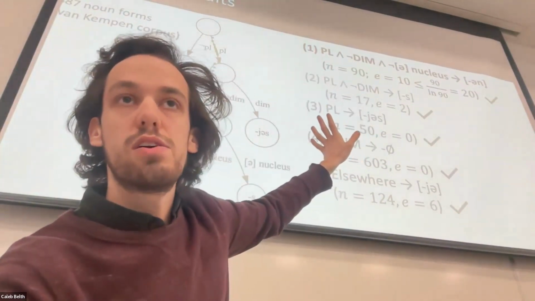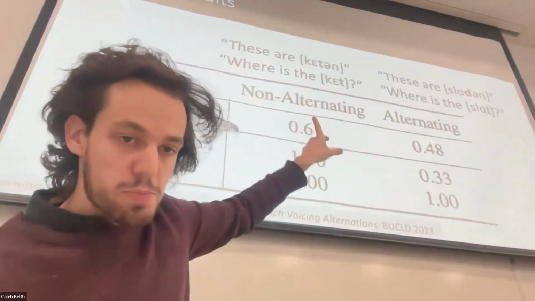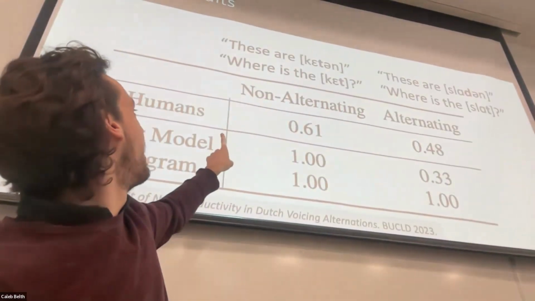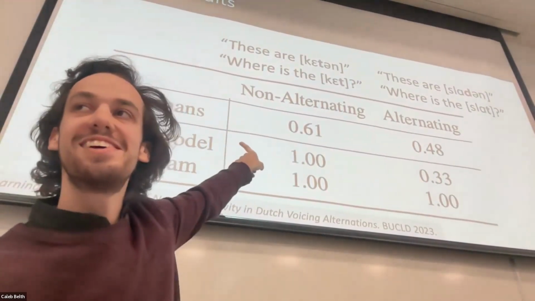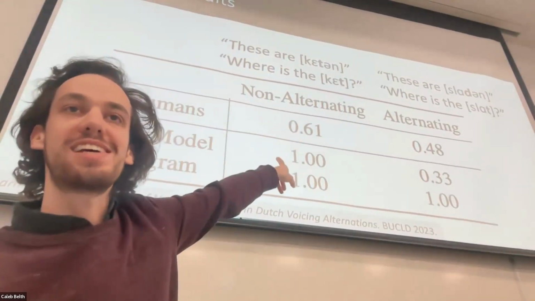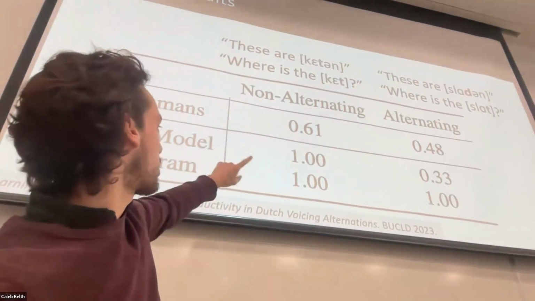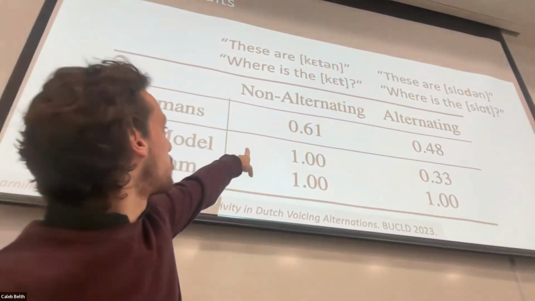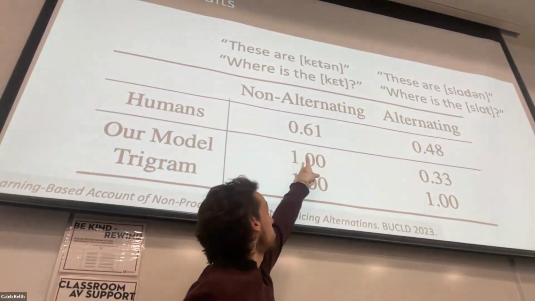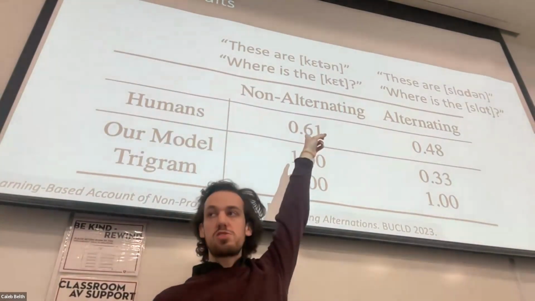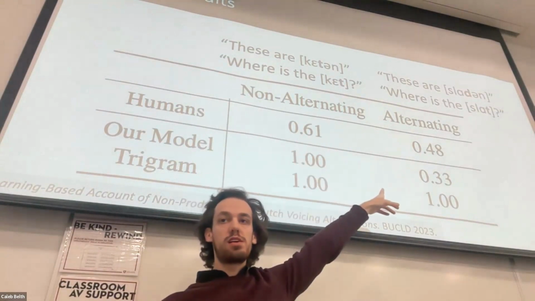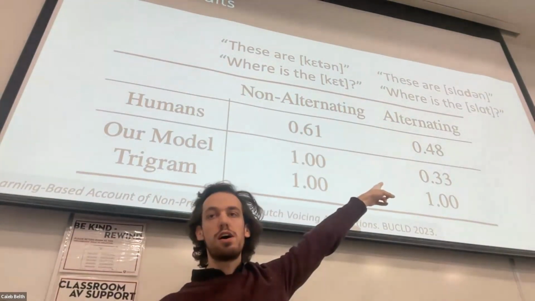Right. So to drive this point home, here's a comparison, for what it's worth, of the performance of kids on this reverse wug test to the model predictions, and then I'll talk about the trigram for a second at the end. So kids were much better at non-alternating conditions, where you had ket and ket, and there's no discrepancy, than they were at the alternating, but they were quite bad at both.